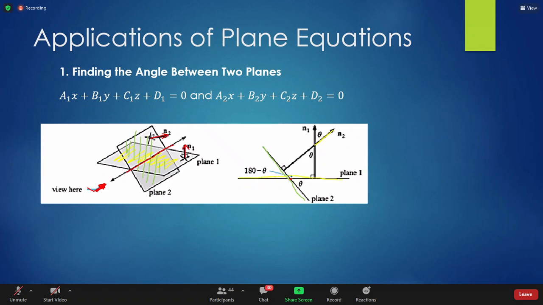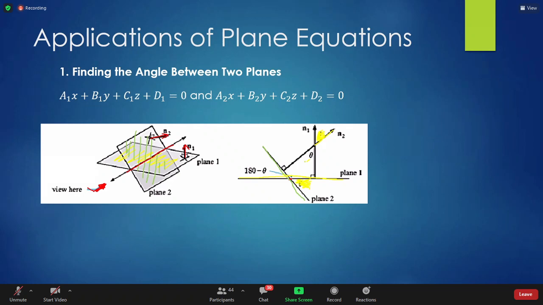And we need to find the angle between these two planes. The angle between these two planes is in general the angle between the two normal vectors.